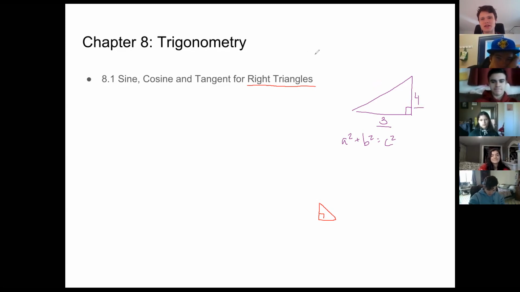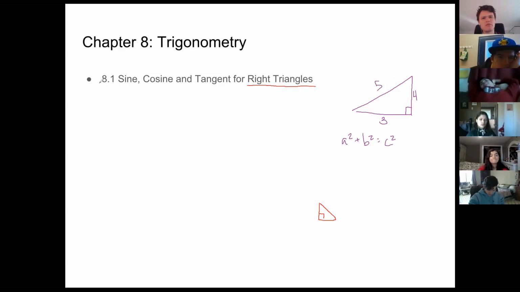Usually with a right triangle, for example, if I had 3 and 6, this last one is going to be some weird decimal number, like 7.125 something, right? But there are a few very kind right triangles that are nice even numbers like this one.